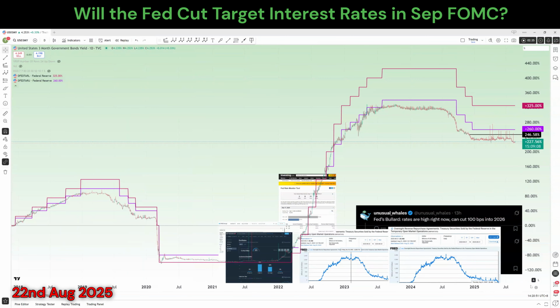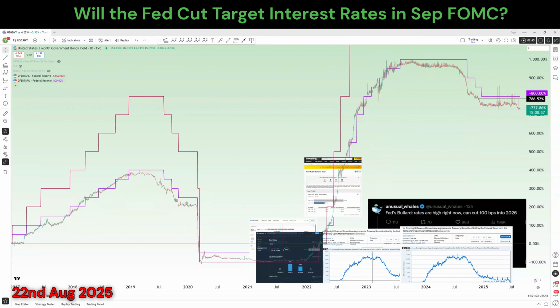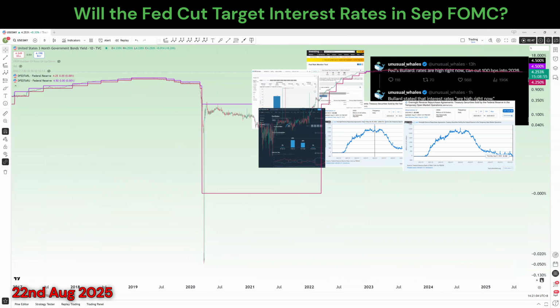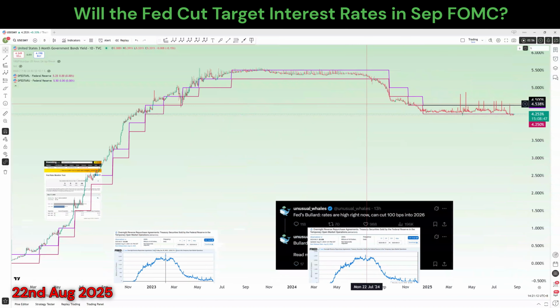Now, I believe there's something wrong with this display. Okay, so this is the target range.